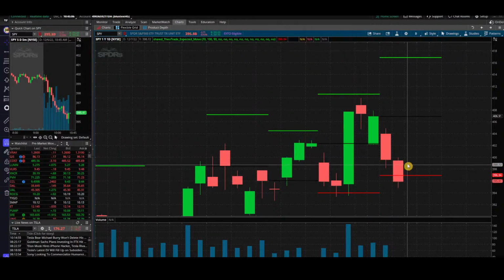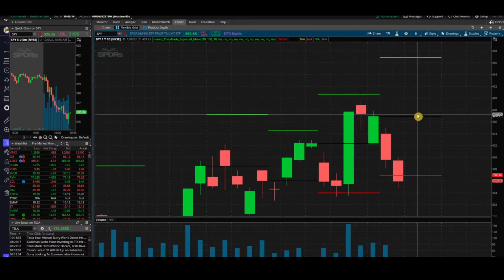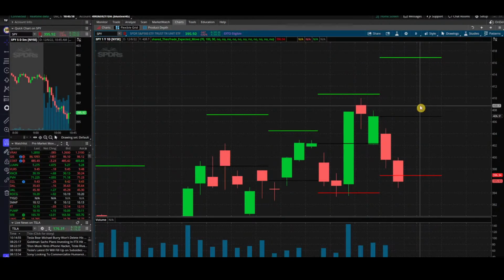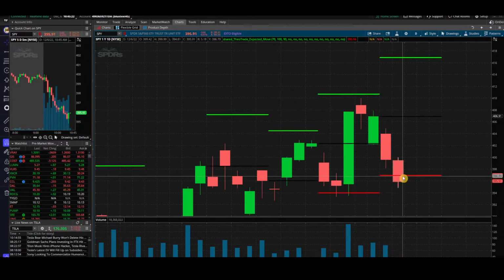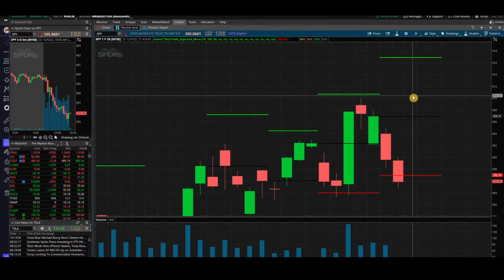Preferably, we'd like to see this candle close green, as that would go a long way in saying, yeah, we're likely to see it expand up this week. But the first 2 days are bearish of the week. That's typically a good sign for bullish continuation for the weekly range expansion.